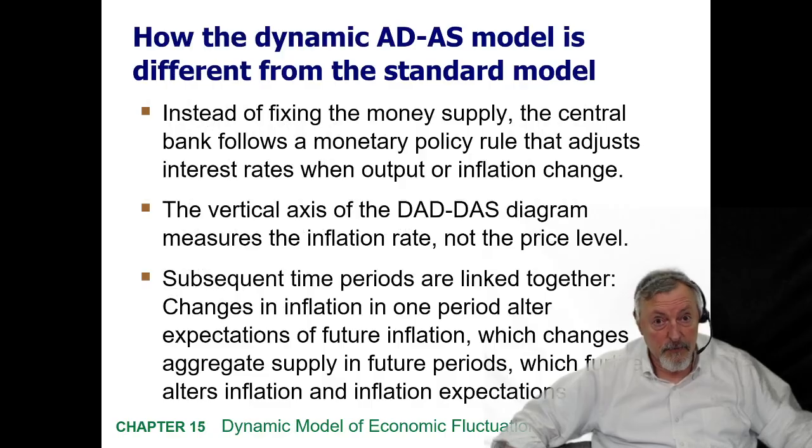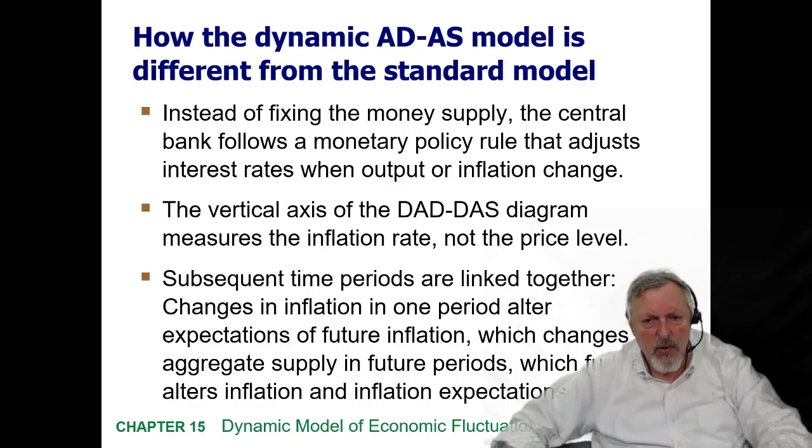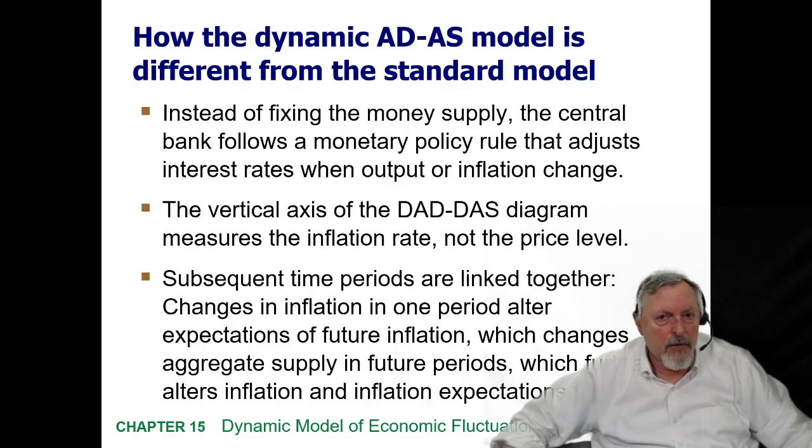How it's going to be different from what we've seen before. Instead of fixing the money supply, the central bank, the Fed, will implement a monetary policy rule. Before, we modeled the money supply as just, well, the central bank decided to increase the money supply or woke up one morning and decided to contract it.